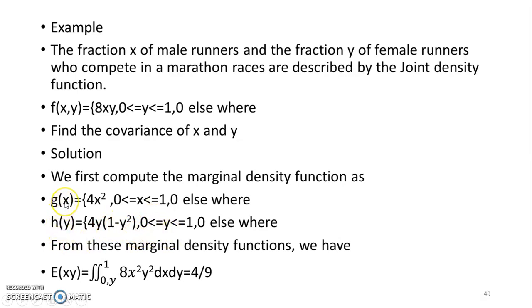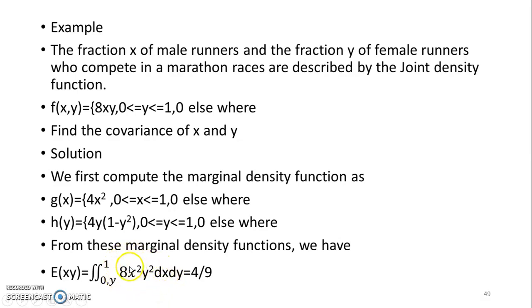After getting the marginal distribution of x and the marginal distribution of y, from these marginal density functions we have the expectation of xy, which is equal to the double integral, x and y from 0 to 1, of 8x squared y squared dx dy.